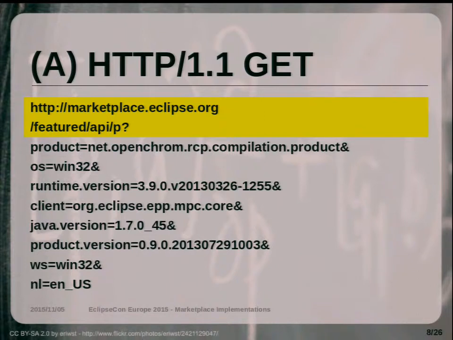So there are some kinds of code like featured/rb/p question mark, and then you have your product name, for example, net, open Chrome, and so on.